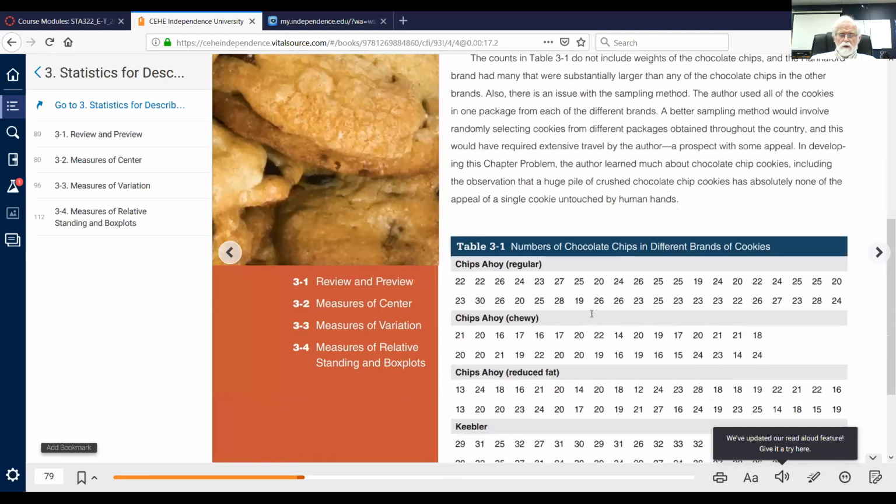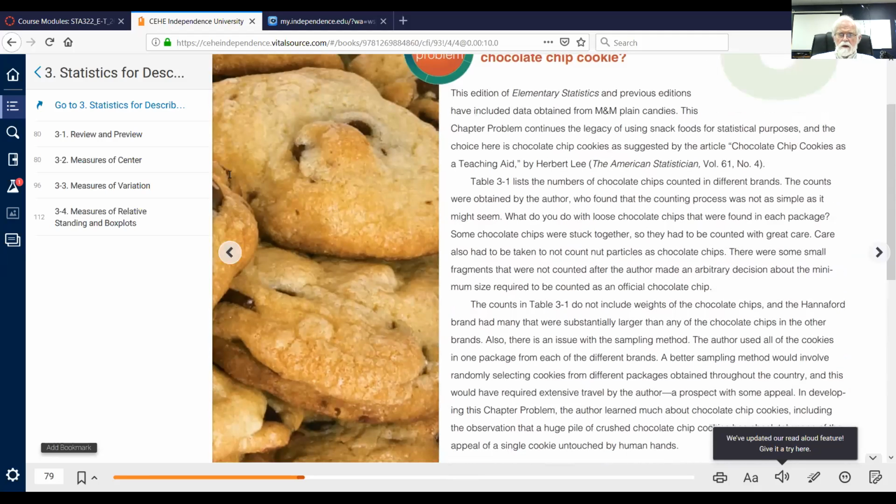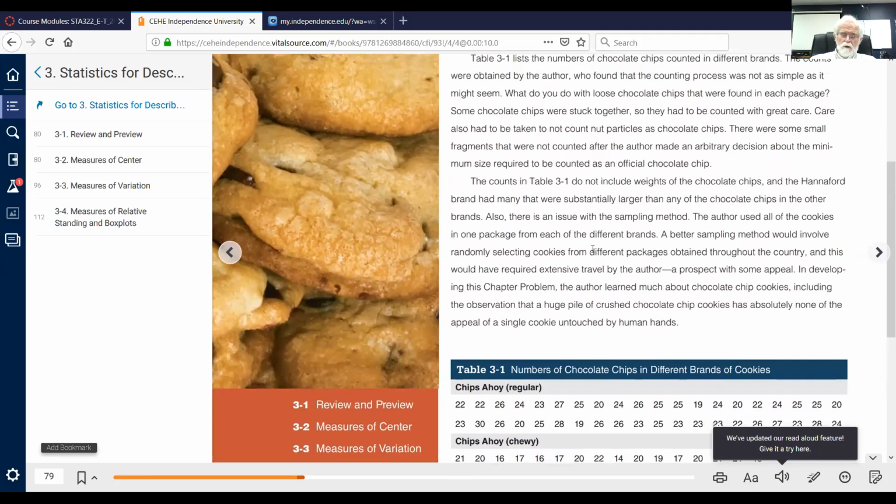So if we're looking at just numbers of chocolate chips, it doesn't tell us about the size. And if you look in the store, you've got mini chocolate chips, and you've got bigger chocolate chips, you've got chocolate chunks, and you've got chocolate chips that sort of look like Hershey's Kisses. They're so big. So, there's nothing in here about that. So it's not clear that this is a great sample, but to make it worse, the guy that did all this work used all the cookies in only one package from each of these brands.